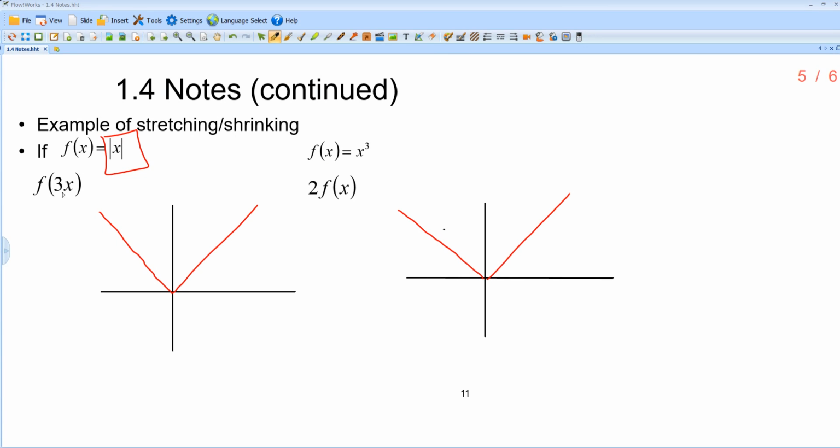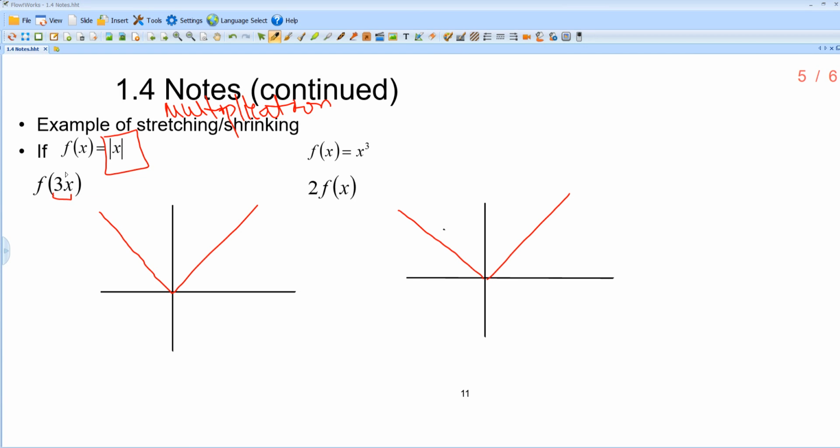And now I want f of 3 times x. So just like reflecting or shifting, I see that this 3 is being multiplied to x. By the way, the fact that it's a multiplication tells me that we're doing some sort of shrink or stretch. So I see that it's 3 times x.